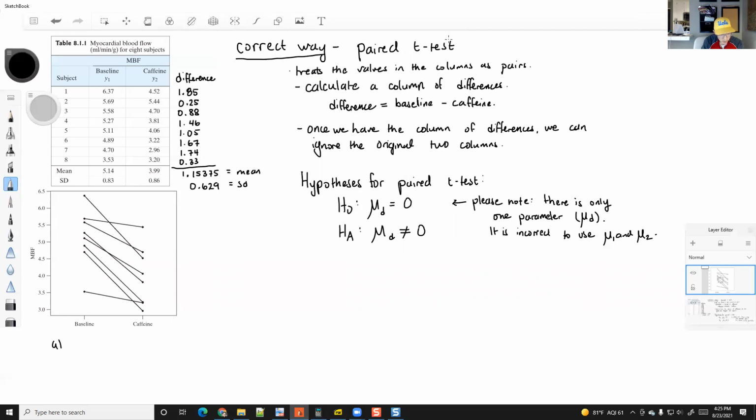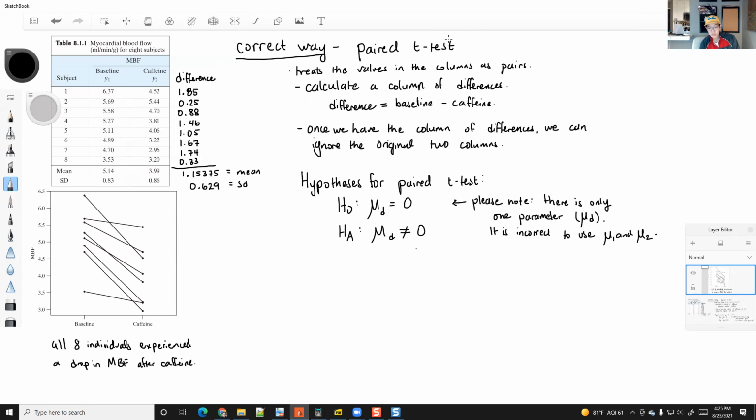All 8 individuals experienced a drop in MBF after taking caffeine. Okay, so some experienced more steep drops, but everybody experienced a drop. Nobody experienced an increase.